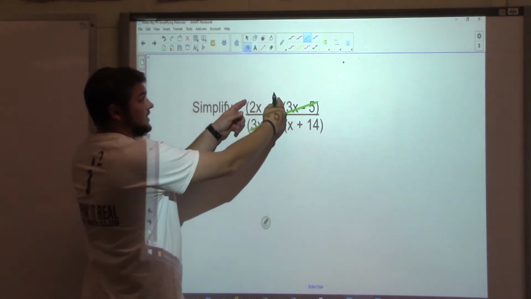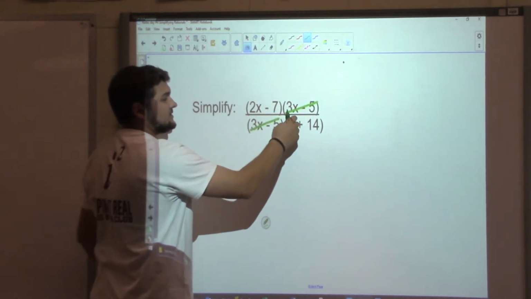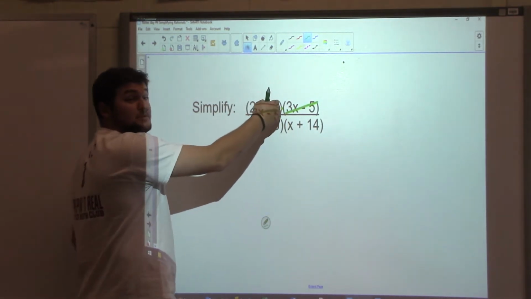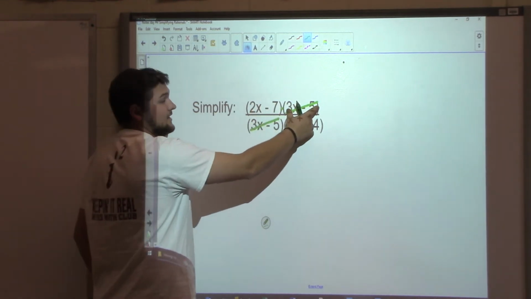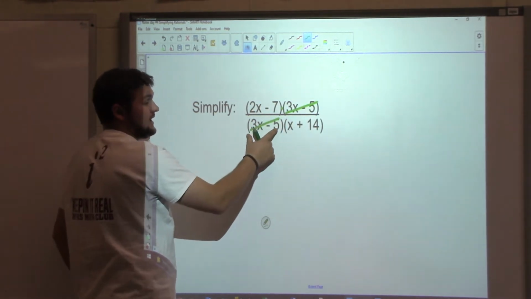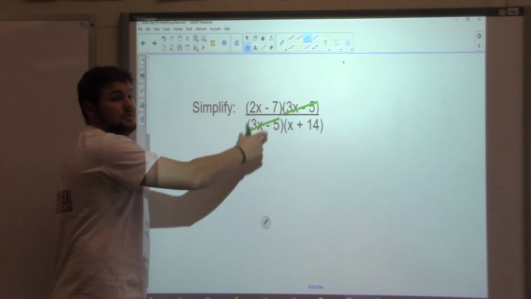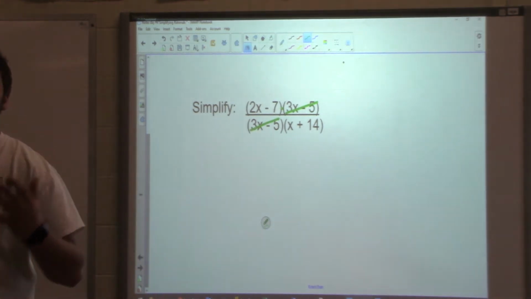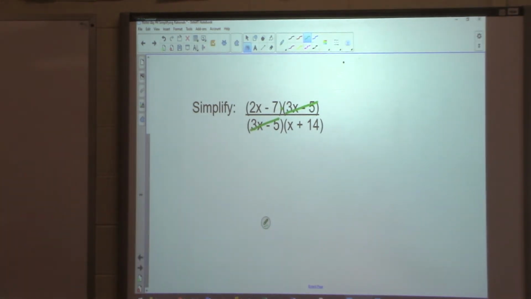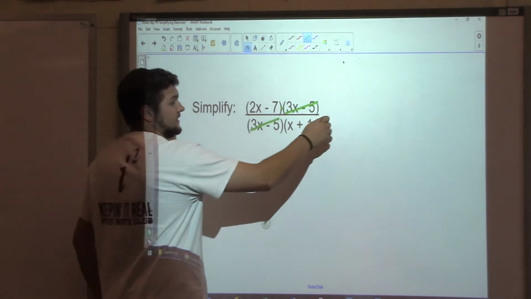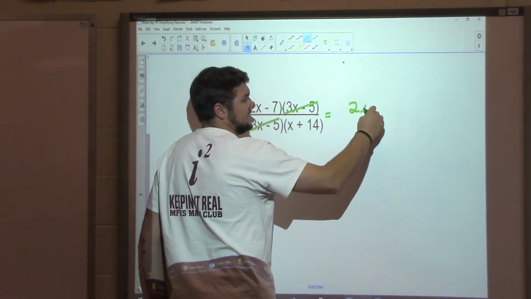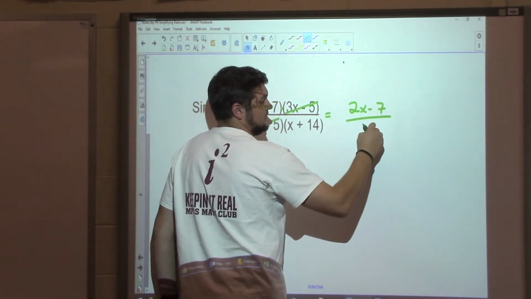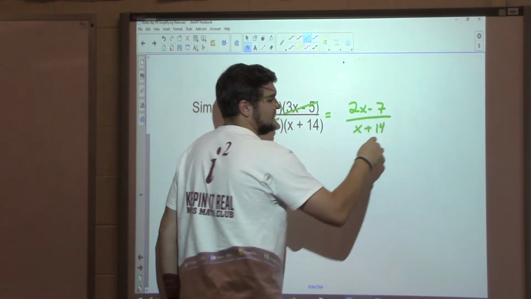My two terms are 2x minus 7 and 3x minus 5. I have multiplication in between those. So I can cancel out a whole term. I cannot just cancel out an x or a 3. I need that whole term to be able to cancel it. Okay, does that make sense? Okay, so if I rewrite this, I'm left with 2x minus 7 over x plus 14.